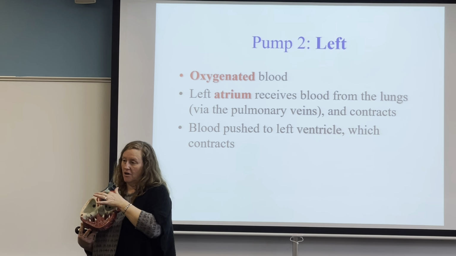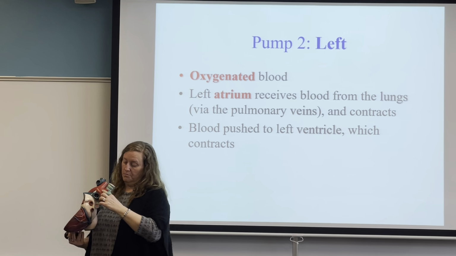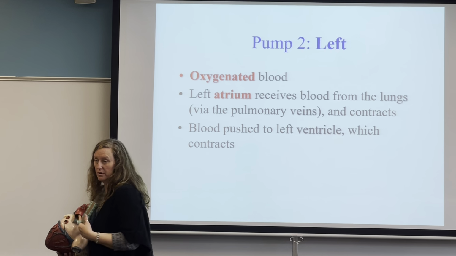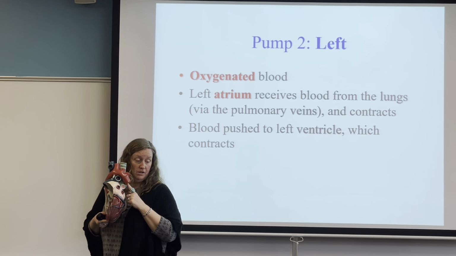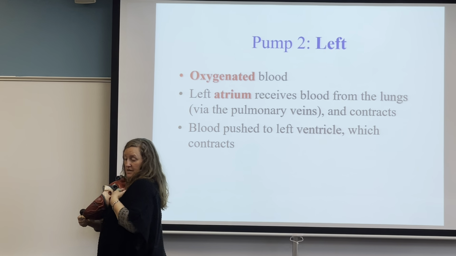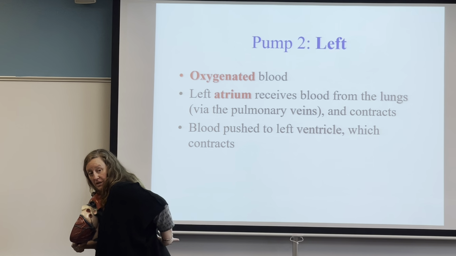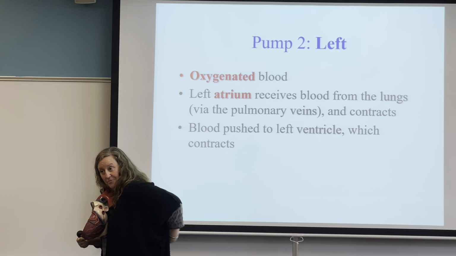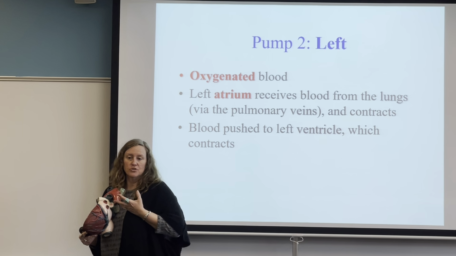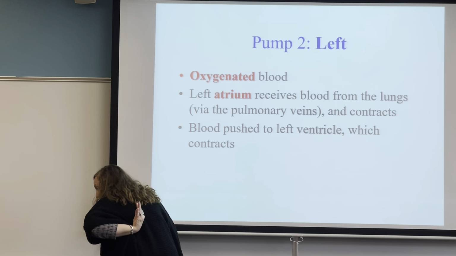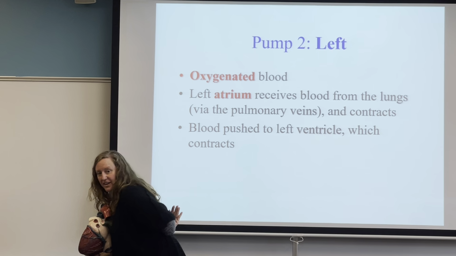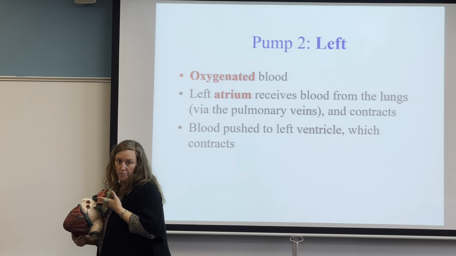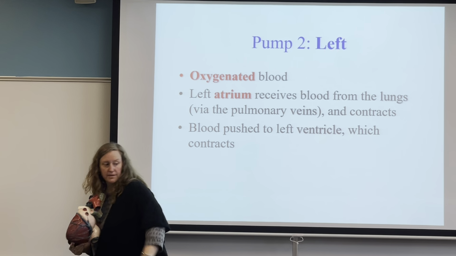It's got the arch part, but it continues to the dorsal aorta. When we're talking about the dorsal aorta, this is going to run down my body, on top of my spinal cord, which is on the back of my body. Dorsal is like, a shark has a dorsal fin. That big fin on the back of its body is the dorsal fin. Anything that's dorsal in our body runs down the back side.